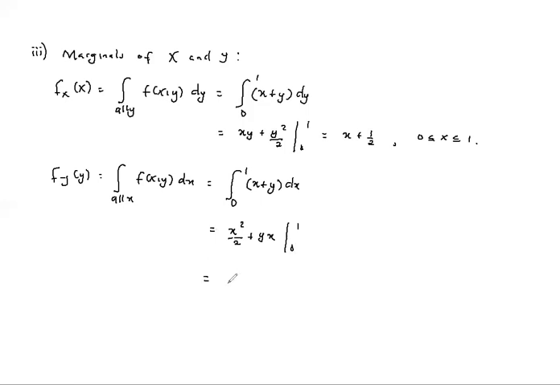And this is 1 over 2 plus y, provided y is also between 0 and 1. So that's how you get the marginals.